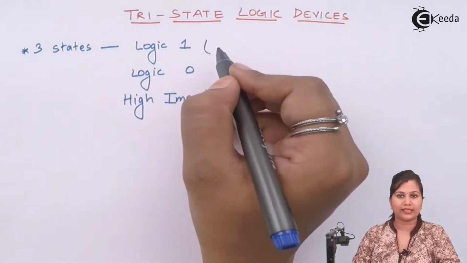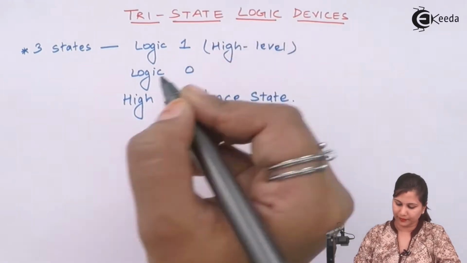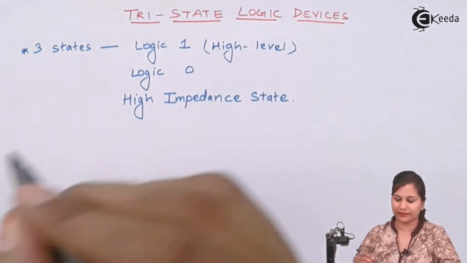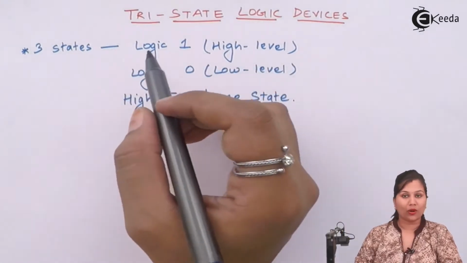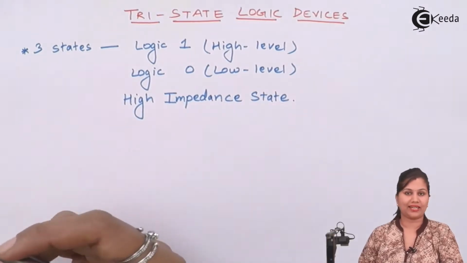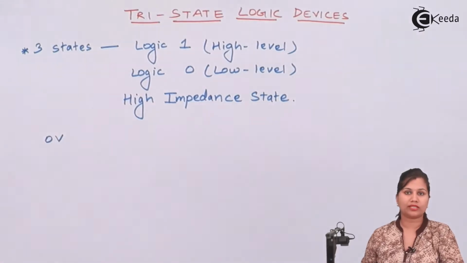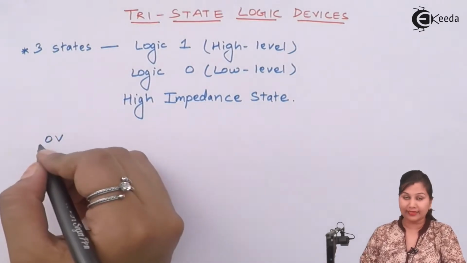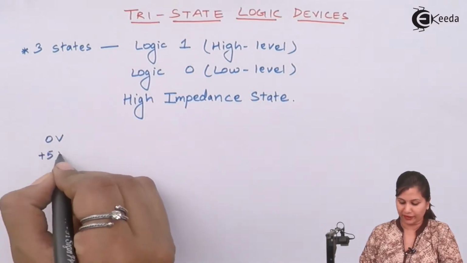So logic 1 is the high level state and logic 0 is the low level state. Suppose in any logic device, it is giving an output of 0 volts. So 0 volt will be called the low level state, and the highest output given by the logic device is, suppose, plus 5 volts.